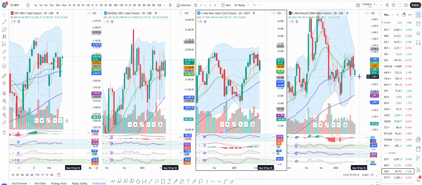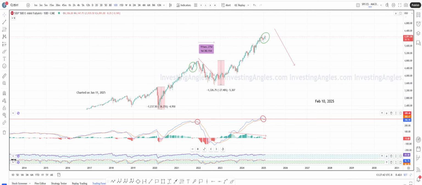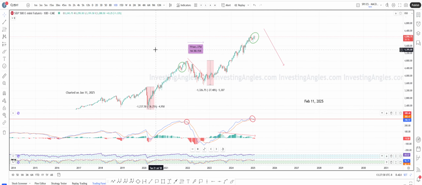Russell is closing with an on neck pattern, which is also a bearish continuation candle, especially after the previous bearish engulfing. So only Nasdaq has a reasonable chance to move higher tomorrow. The other 3 are very questionable. All right, so let's move on and see what else is happening here.